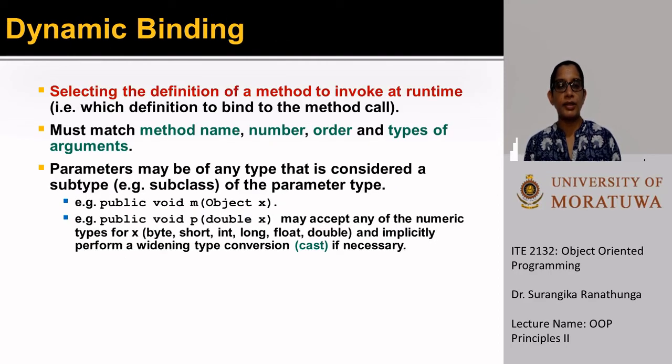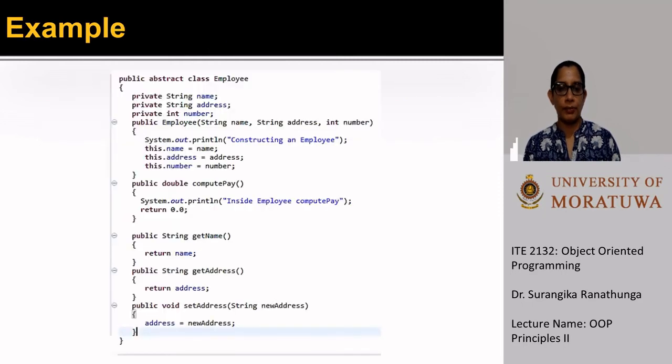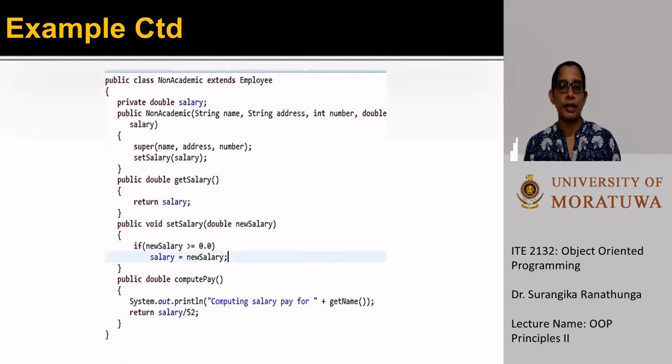So a related concept is dynamic binding. Now if we look at this employee example, let's think of this scenario. We have an abstract class Employee which has the computePay method implemented. From this we have the NonAcademicEmployee extending it, and it also has a computePay method.